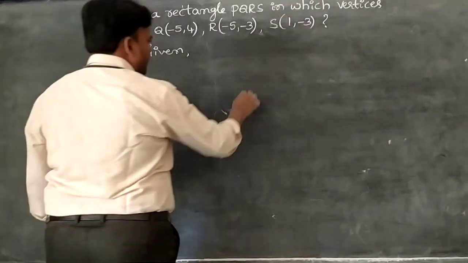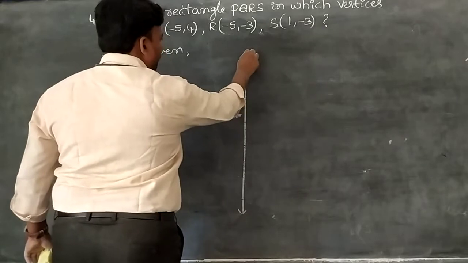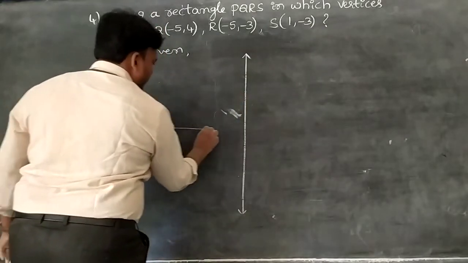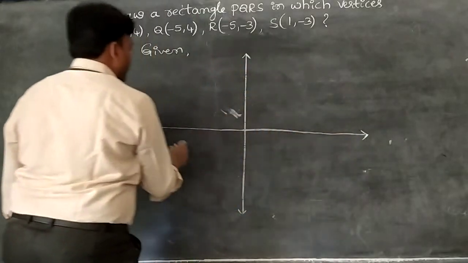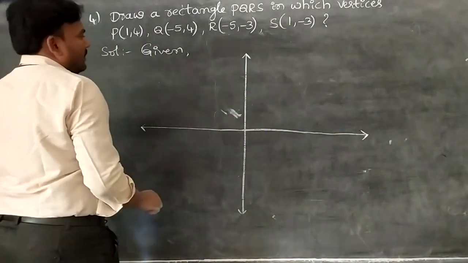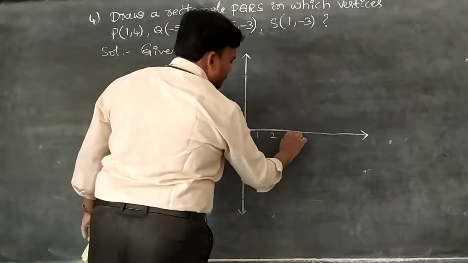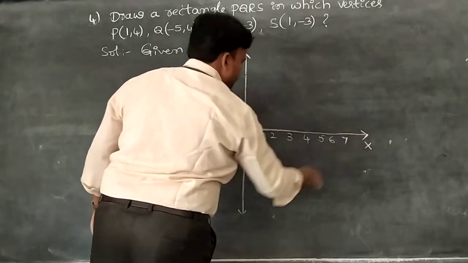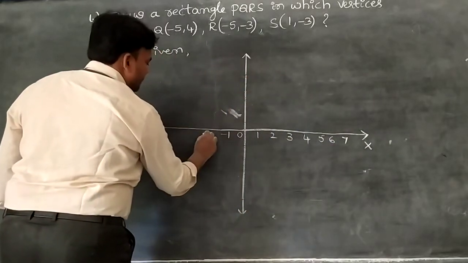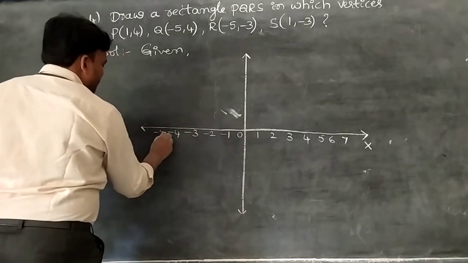Draw a diagram carefully, which means draw a coordinate axis. 0, then 1, 2, 3, 4, 5, 6, 7, and going to minus 1, minus 2, minus 3, minus 4, minus 5.